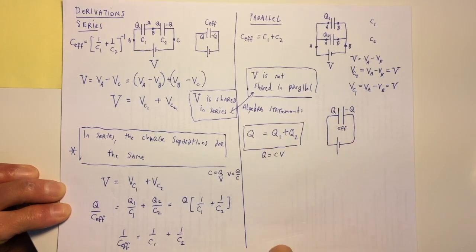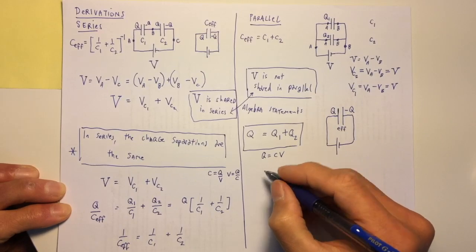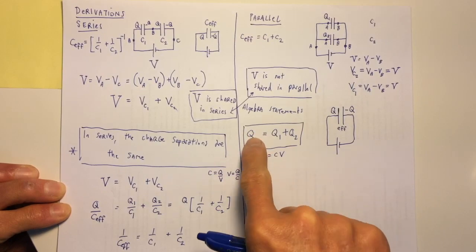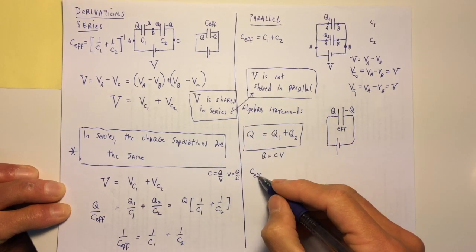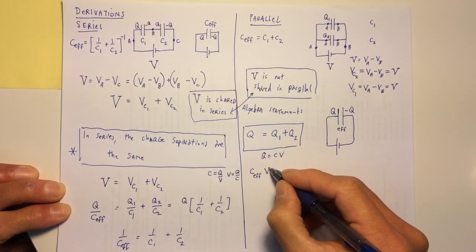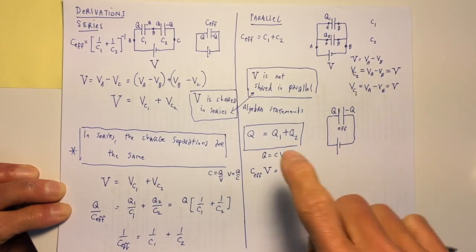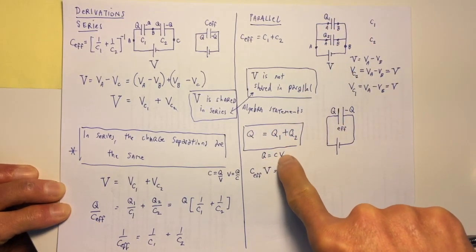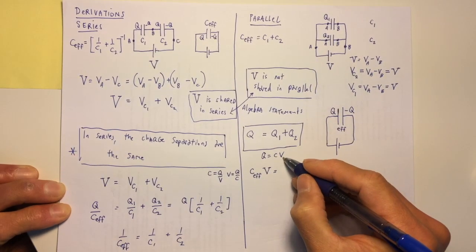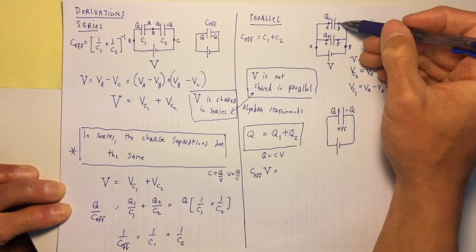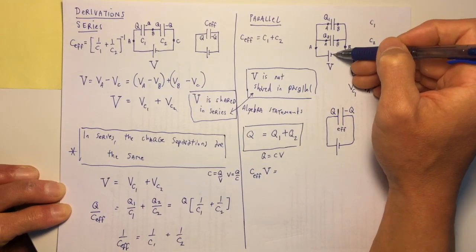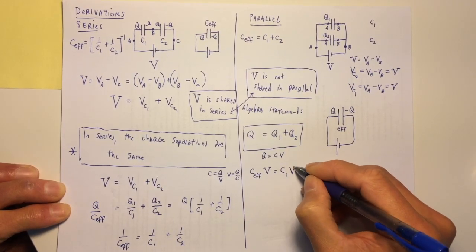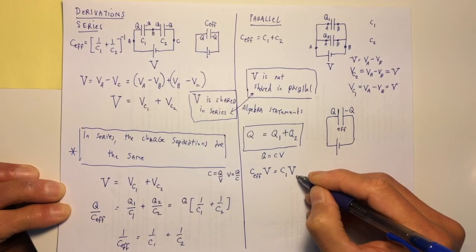So if I take this charge statement here on the effective capacitance, this says that C effective, the effective capacitor here, times the voltage by the battery is equal to Q1 up here. So Q1 is C1 times the voltage across C1, but the voltage across C1 is all the same. So the voltage across C1, voltage across C2, voltage across the battery, all the same value.